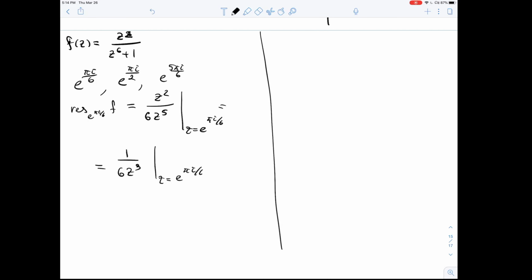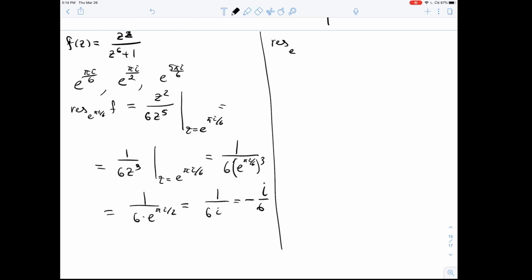I need to plug this, and when I plug this I get 1 over 6, and now I need to raise this to the 3rd power. So e to the pi i over 6 cubed, 3 cancels out, I get 1 over 6 e to the pi i over 2, and pi i over 2 is i. So 1 over 6i, let's multiply by i, it will be minus i over 6. That's the residue at e to the pi i over 6.